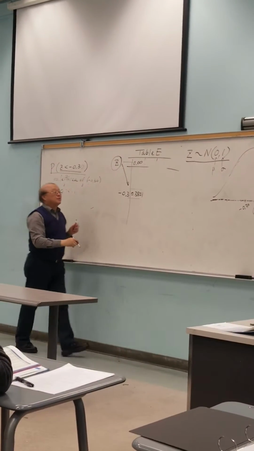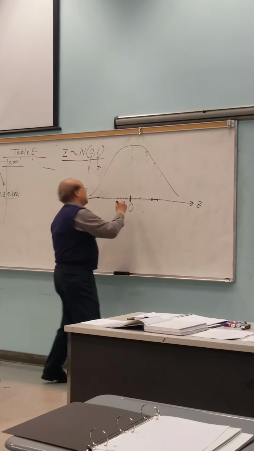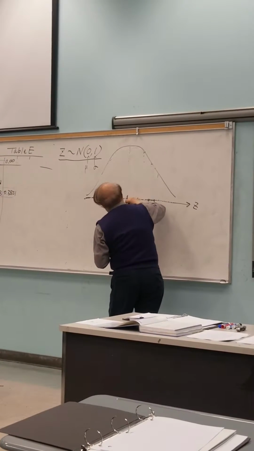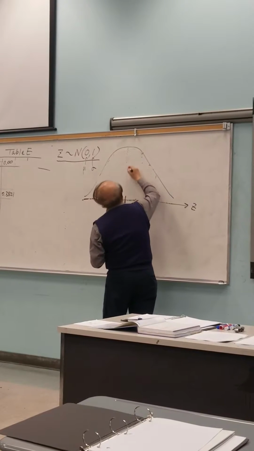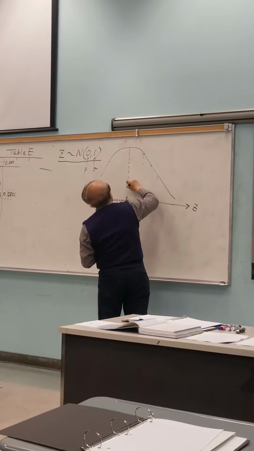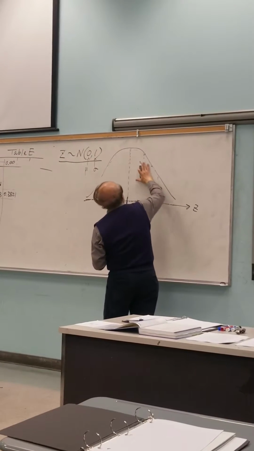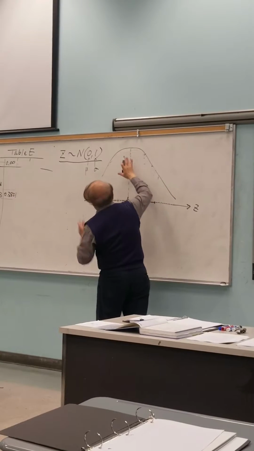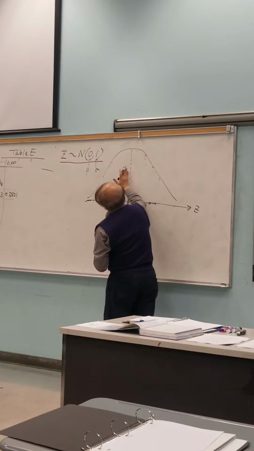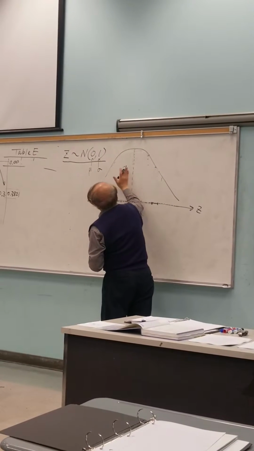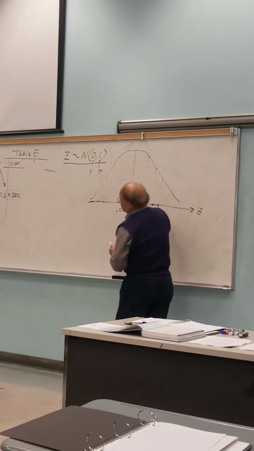Now look at the graph. This is the center. Okay, it's a very useful concept. What is the total area under the curve? 1, always. Because it's symmetric, half is here, half is there, right?